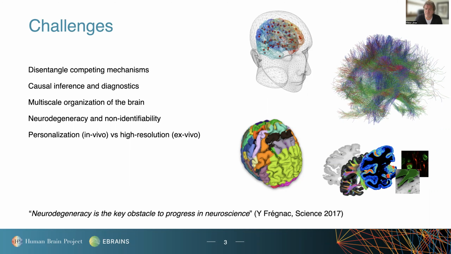We refer to this as neurodegeneracy, and this is a natural consequence of the multi-scale architecture of the brain. And there are good points to this. Namely, when you have neurodegeneracy, there is a propensity of generating the identical behavior by using completely different parameterizations or mechanisms.